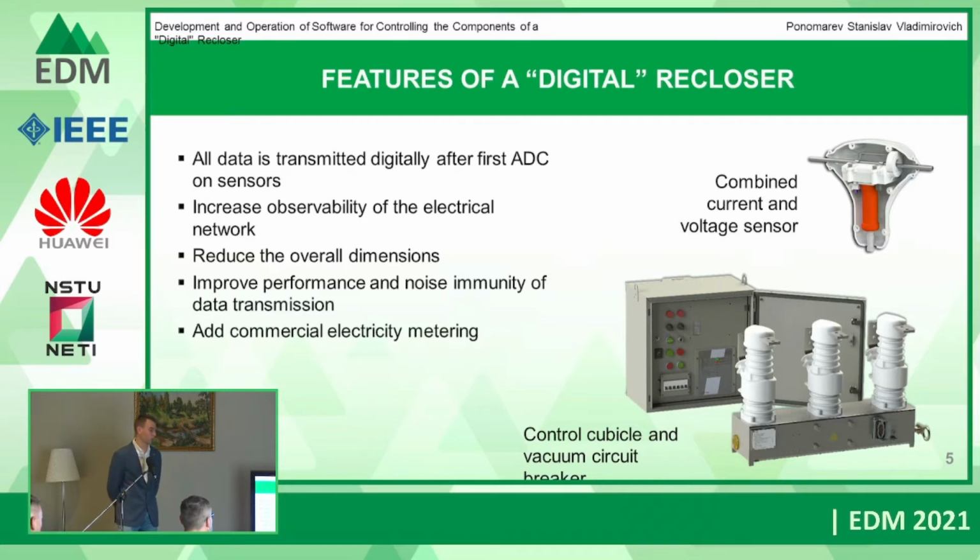We also improve performance and noise immunity of the data transmission because we just send ones and zeros without any analog component, and we use modern transmission technology. And next, we add commercial electricity metering because we're using the modern combined current and voltage sensors that allow us to do this.